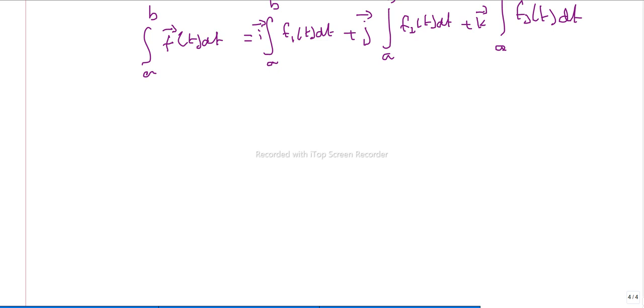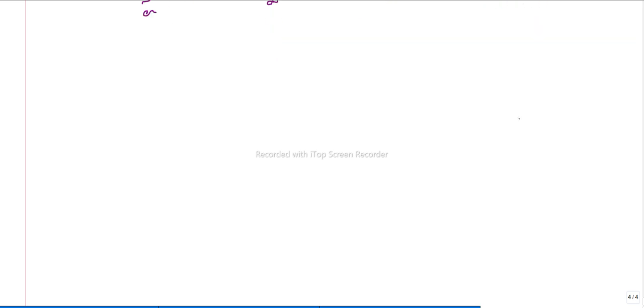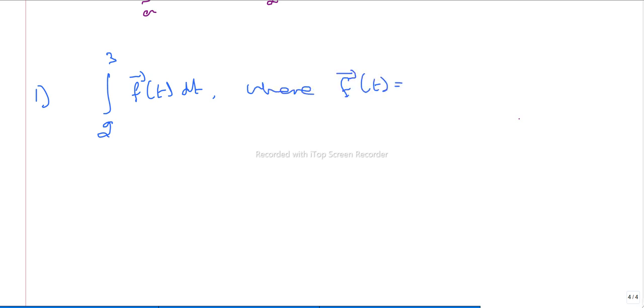Maybe I'll leave this as an exercise. Find the integral from 2 to 3 of f of t, where the function vector is 3t squared minus 1 times i vector plus 2 minus 6t into j vector minus 4t k vector.